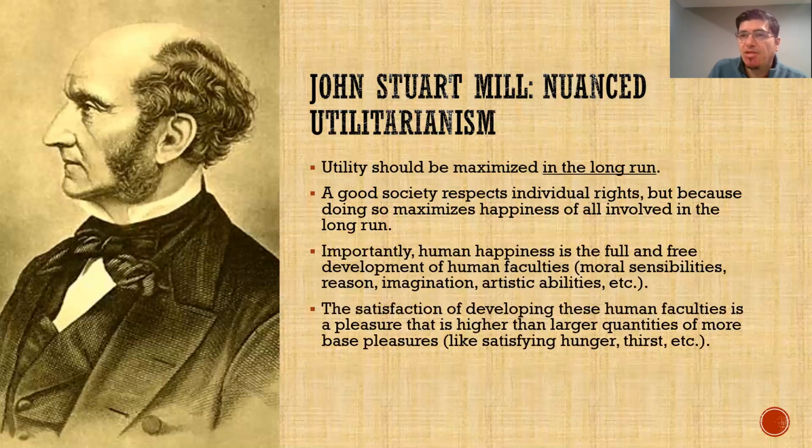The pleasure of enjoying a good symphony, the pleasure of good friendship, those are better kinds of pleasures, and those should be given a much greater priority over the lesser pleasures, especially the bad pleasures like enjoying the torture of the other. So if we include quality in the calculation, we get much better judgments, insists Mill.